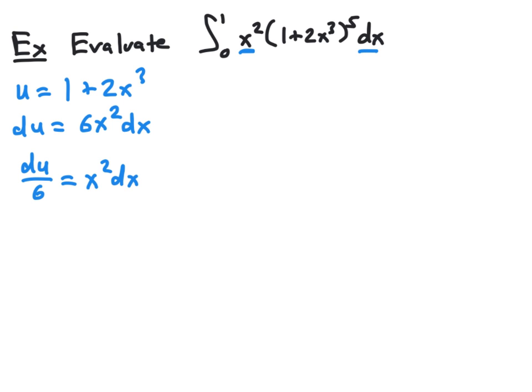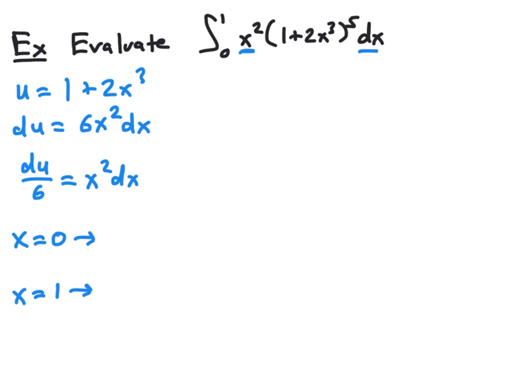Now, if we were doing just an indefinite integral, this would be enough to complete the process, but we do need to account for the limits of integration here since we have a definite integral. And so we need to find the u values that correspond to each of our x values, which are 0 and 1, the two limits that were given in our original integral.